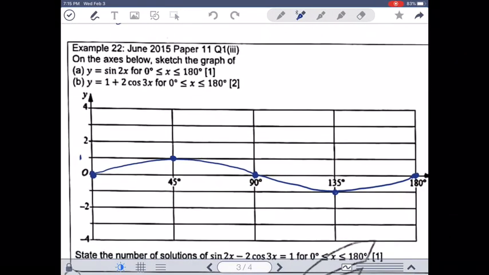Now we move to B. So for B, we have y equals 2 cos 3x plus 1.